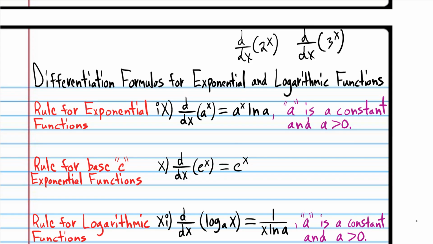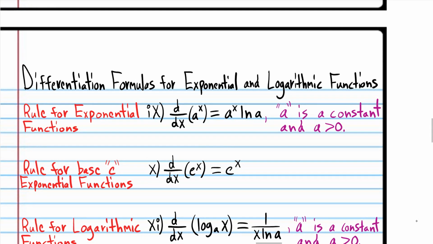Again, we don't know how to do that. So whatever your base is, we're just calling the base a. Your base could be anything, as long as it's a number that is greater than 0. The derivative of that expression is the exponential expression itself multiplied by the natural log of whatever the base is.